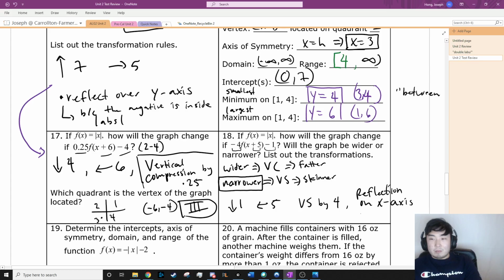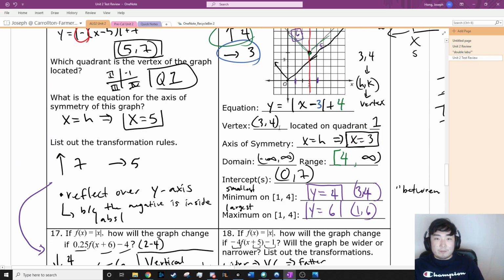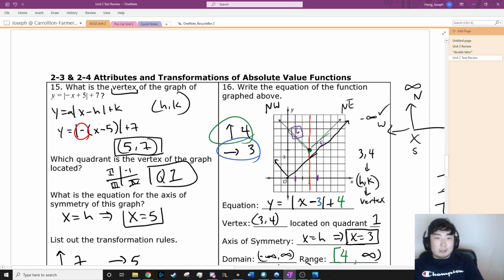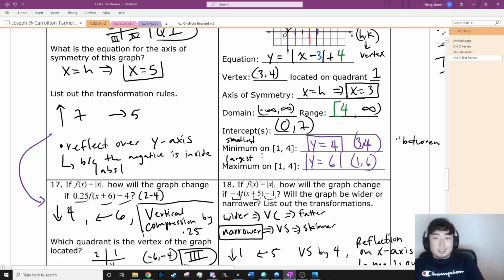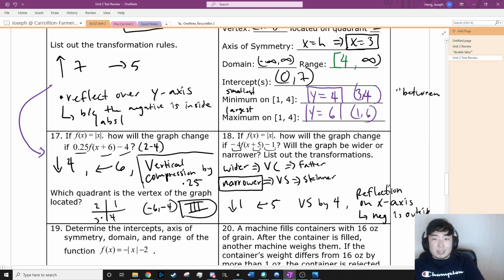And that is because the negative is outside. And that's the only reason why. If it was on the inside, kind of like before, where is it? Here. This negative sign is inside the absolute value. But this negative right here is outside of the absolute value. Kind of.